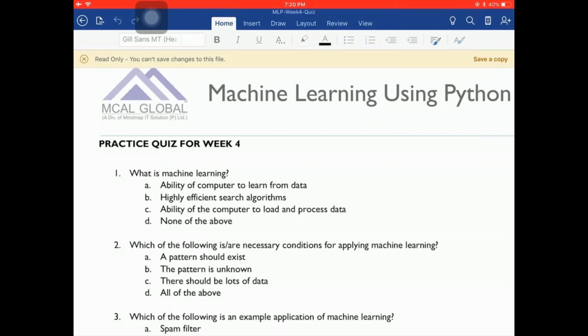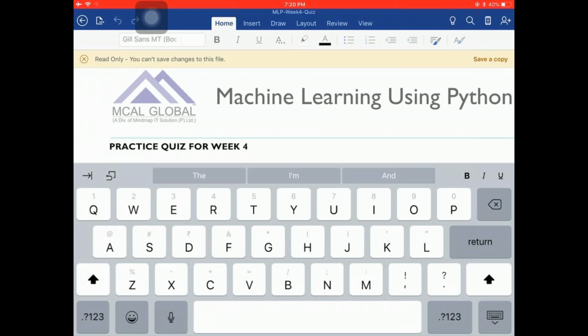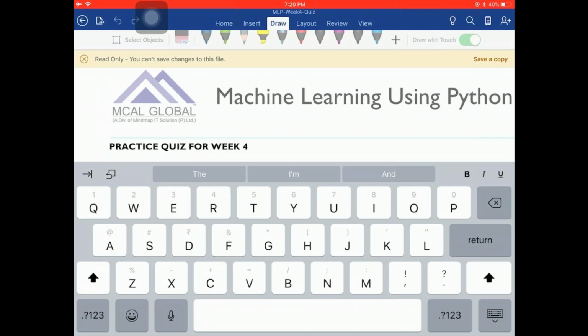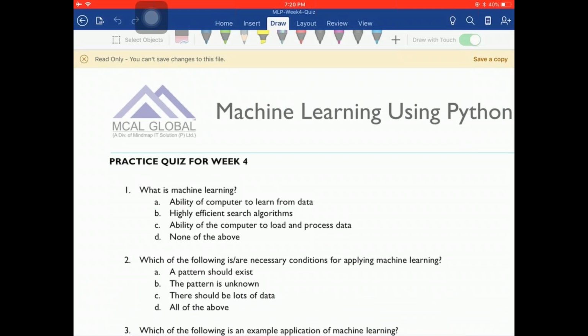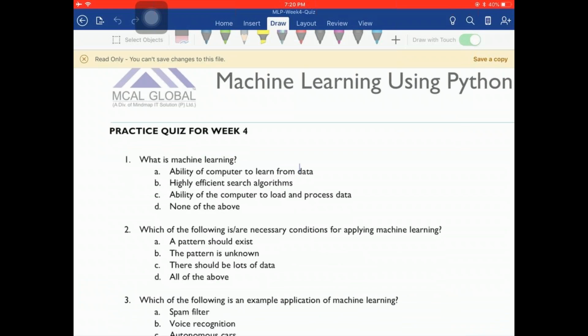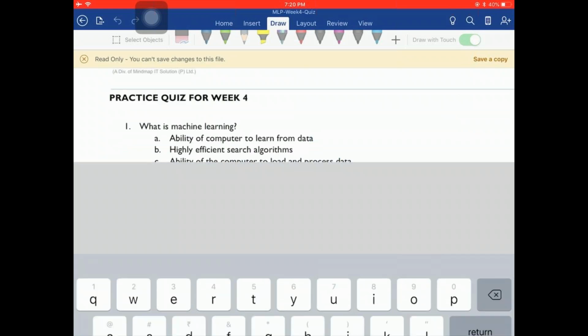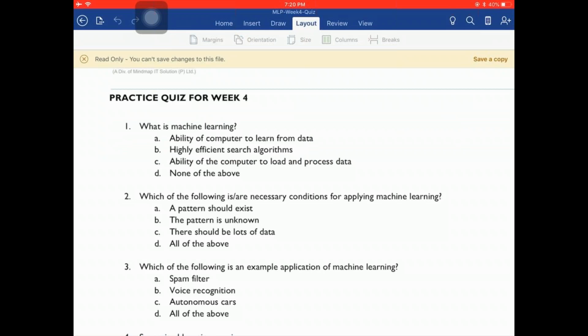Let me mark you guys here. We can talk over because I'm seeing on my iPad. You can tell the answer. Let me draw also. Anyways, it's not allowing me to draw here.